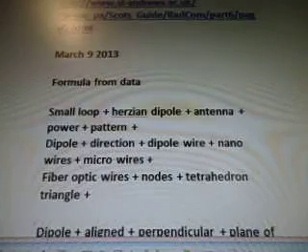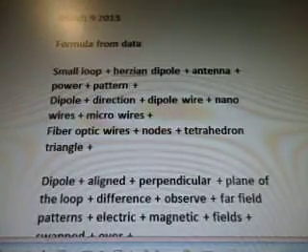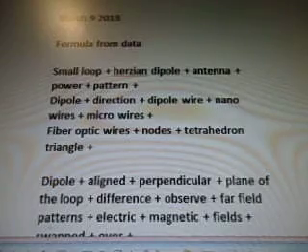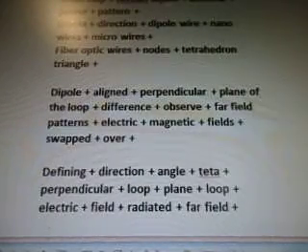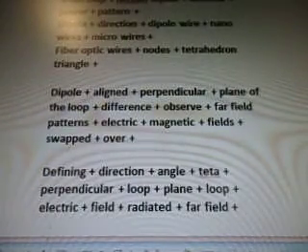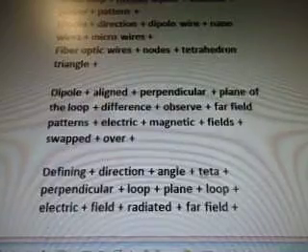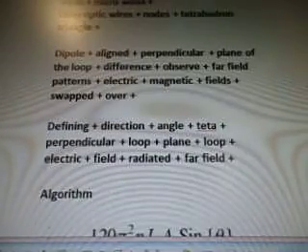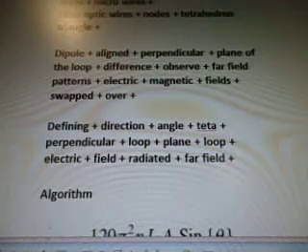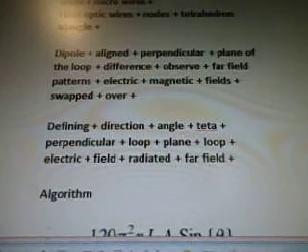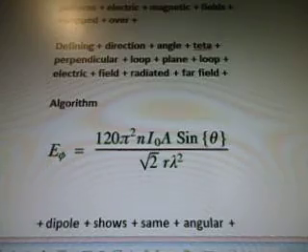Small loop, Hertzian Dipole, antenna, power pattern, dipole, direction, dipole wire, nano wires, micro wires, fiber optic wires, nodes, tetrahedron triangle. Dipole aligned perpendicular plane of the loop, difference observed far field patterns. Electric magnetic field swapped over, defining direction, angle, theta, perpendicular loop plane, loop electric field radiated far field algorithm.